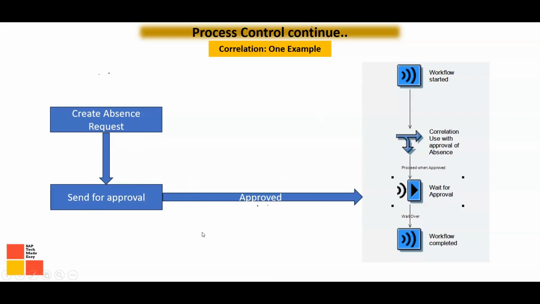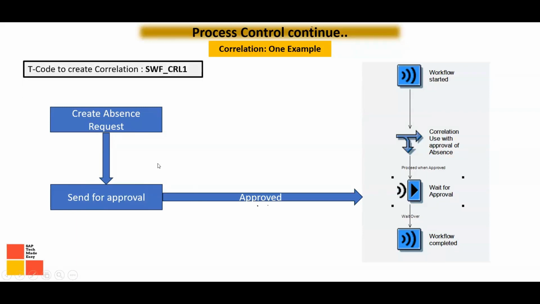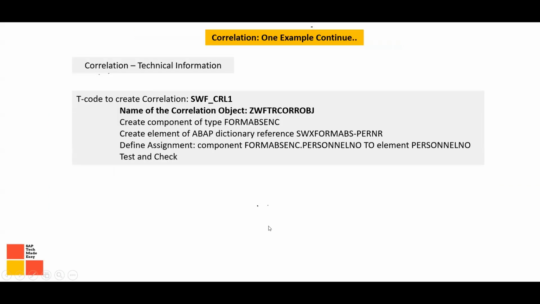So let's go and see the steps involved in order to demonstrate this process control. You'll have to use a T code called SWF_CRL1 in order to create the correlation. Okay. Then another important function module we will be using is to create the approval event, so that this can receive this approved event and we can go further. So let's go and see the steps.